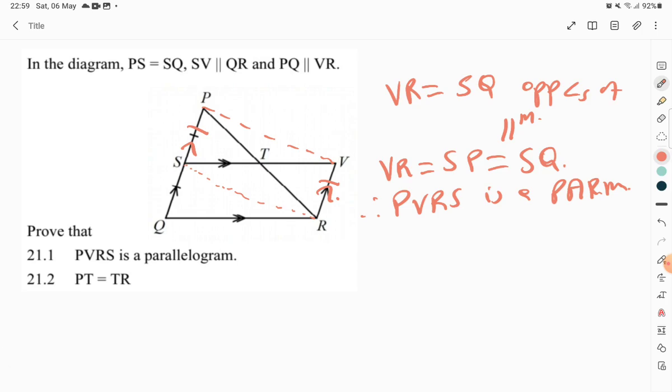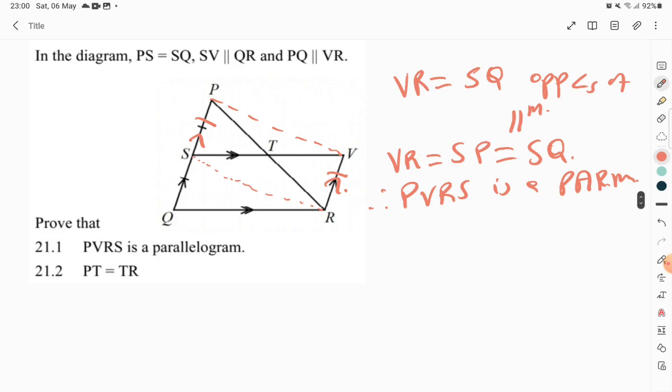So you can see that theorem number 3 is being used mostly in these questions that we have already done. Then what are we having? We say the parallelogram because one pair of opposite sides are equal and parallel. Then we are done with that one.